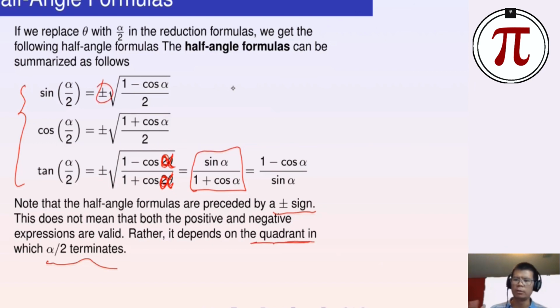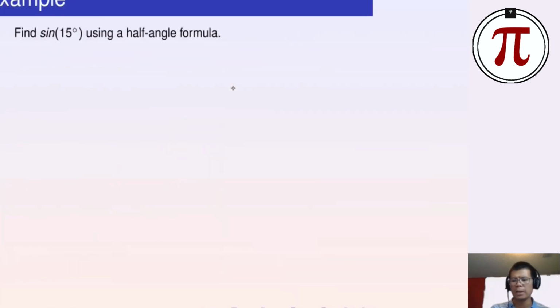We'll show by an example here. Consider this one: find sine 15 degrees using a half angle formula. So we are trying to find sine 15 degrees.